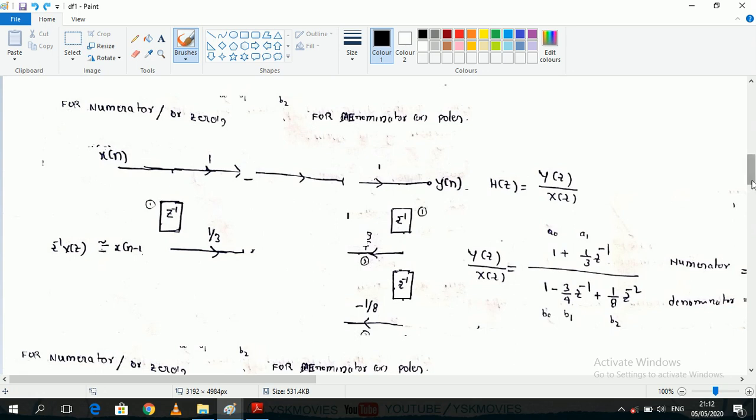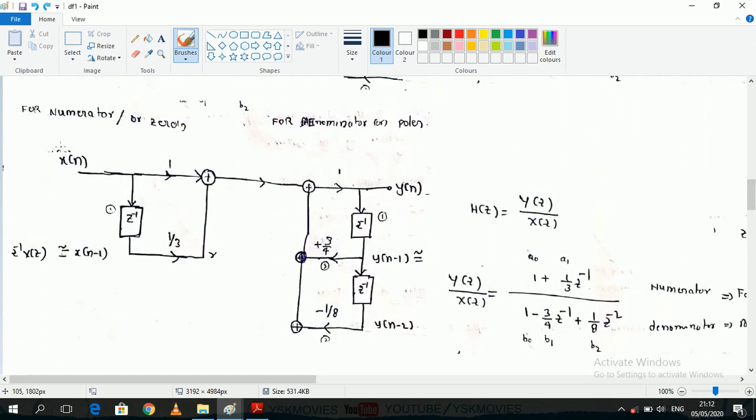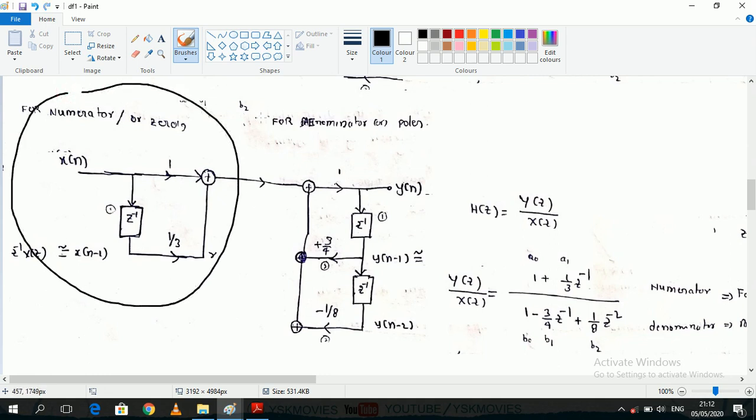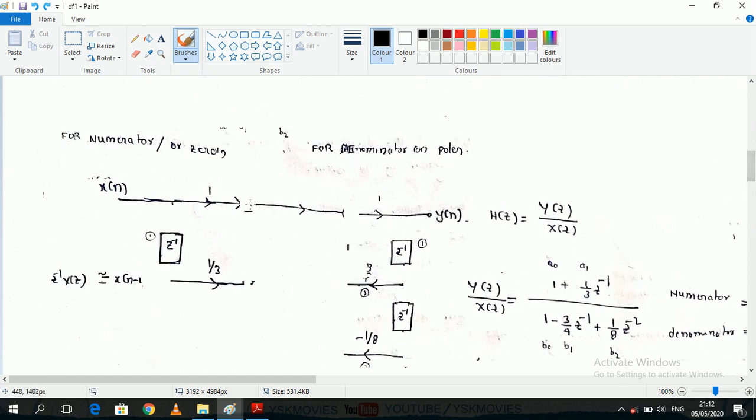So next step, see, this is the next step. This is the numerator section and this is the denominator section. This is the way to find out the network. Simply observe this. You just draw a line and complete the loop like this.